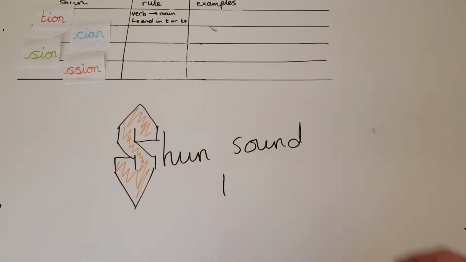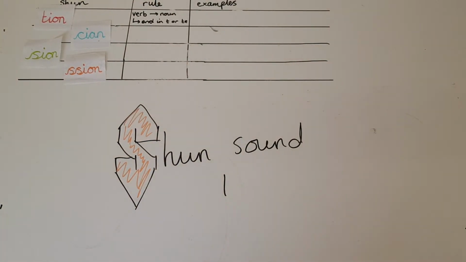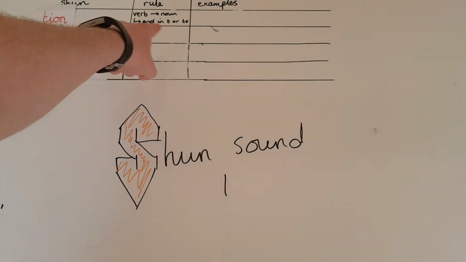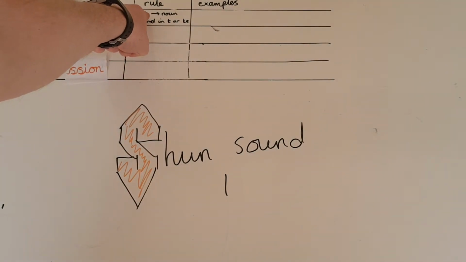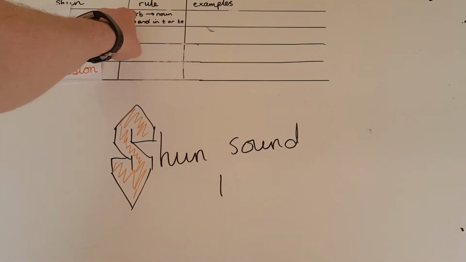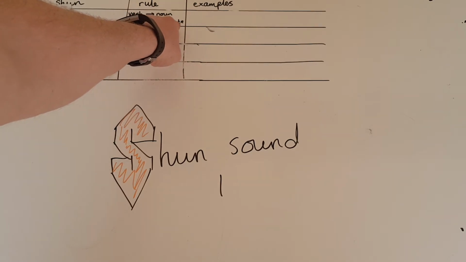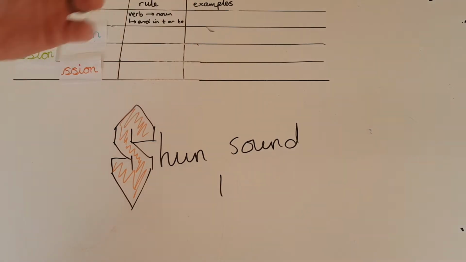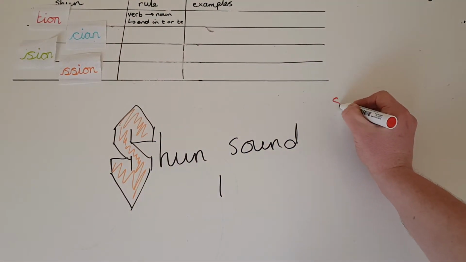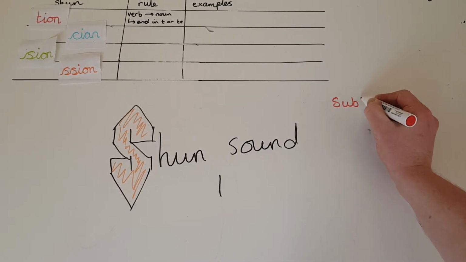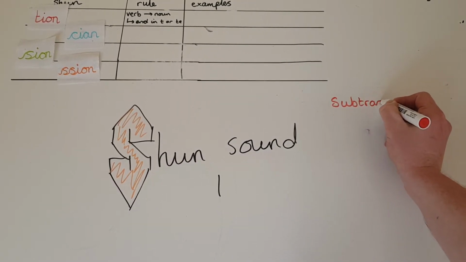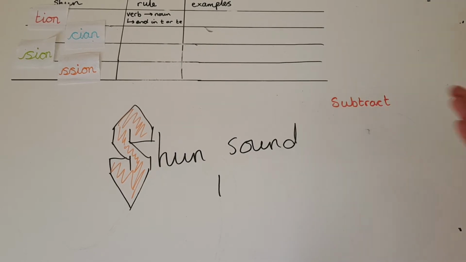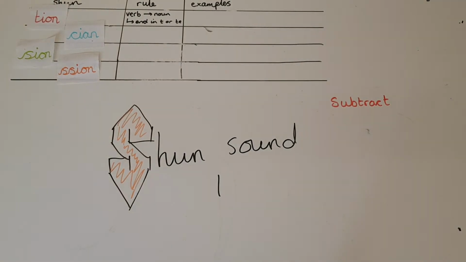So the first one we're going to look at is tion. If you look at my rule, it's when you want to change a verb into a noun, but your verb has got to end in a T or a TE. For example, I'm going to write in red, seeing as the shun is in red. Take the word subtract. To subtract is a verb. It's something that you have to do, especially in your maths lessons.